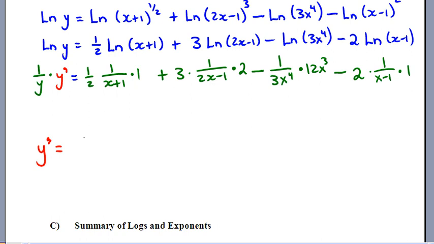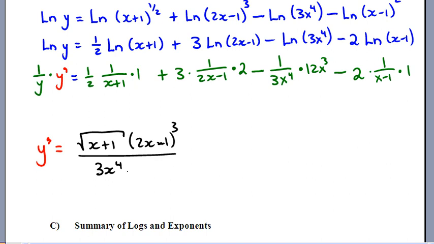Right? So here comes my y. It is the square root of x plus 1 times a 2x minus 1 cubed, all sitting on top of a 3x to the fourth, x minus 1 squared, right?